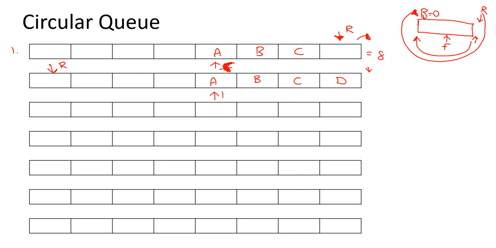Front pointer still pointing here. And then we can keep on adding items because we can add it to wherever the rear pointer is. So E can then go there, F, and then our rear pointer would now be here. Because we haven't removed anything, our front pointer still remains in one place, and all of those remain in place as well.